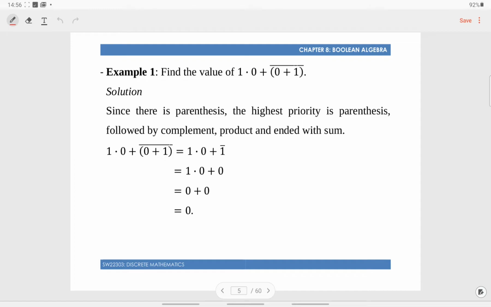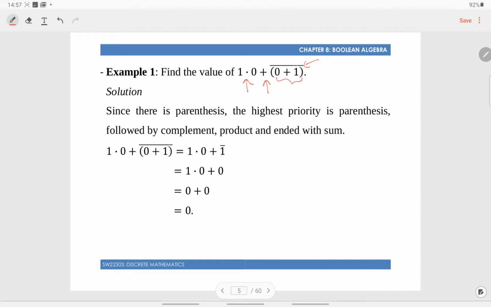Since there is a parenthesis, we solve the problem inside the parenthesis first, and then followed by complement. After complement, we solve the product, and the final one is the Boolean sum.